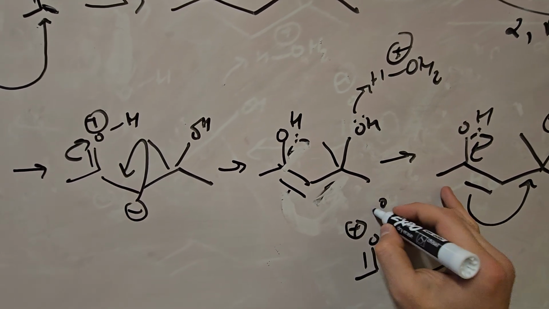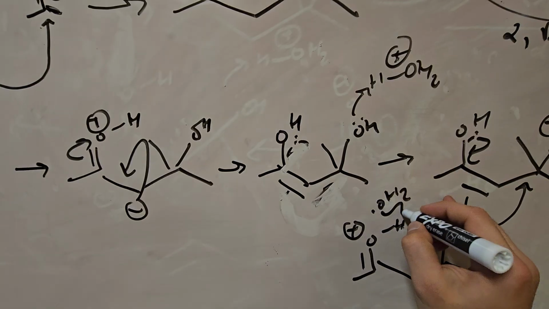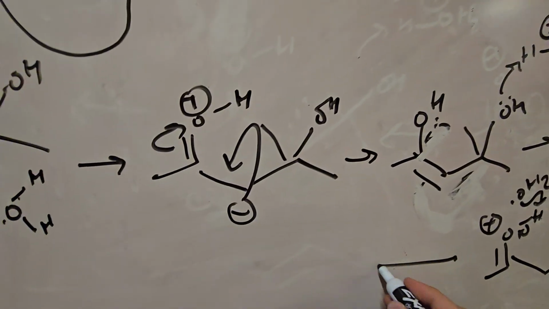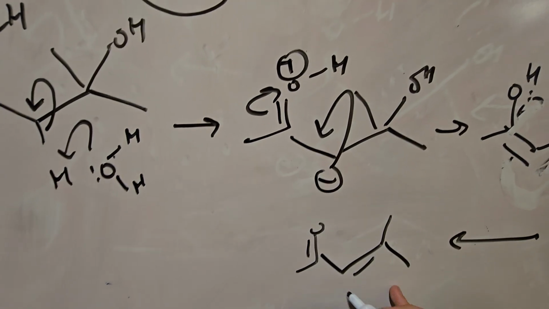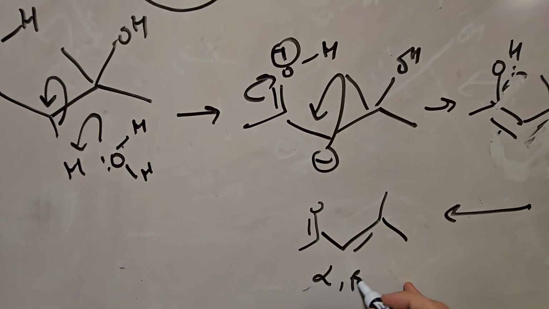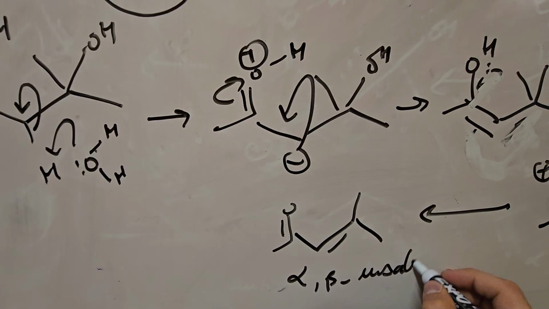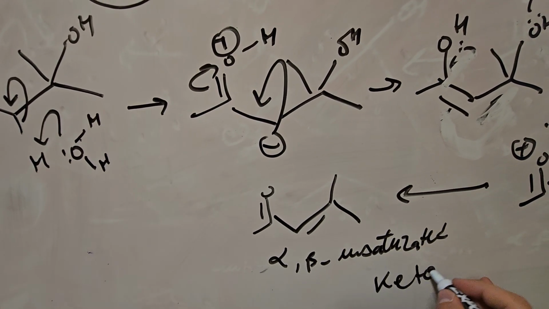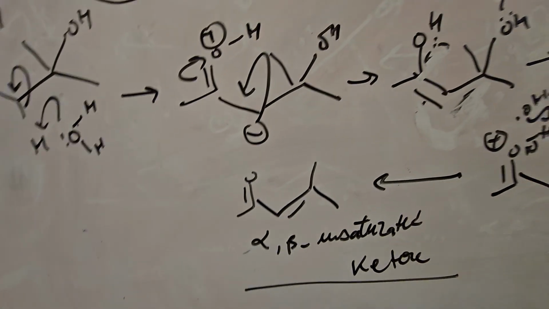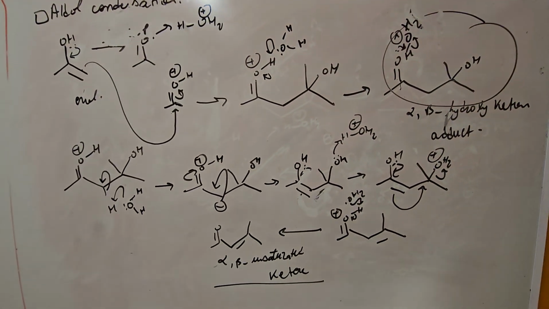We have this intermediate which is deprotonated, so we can form our final and condensed product, which is the alpha beta unsaturated ketone, which is the final product of an aldol condensation in normal conditions.